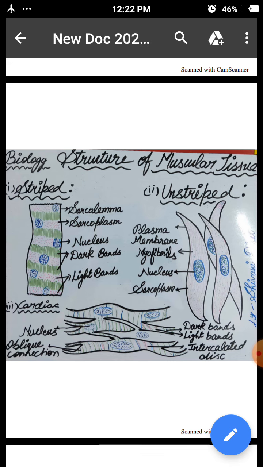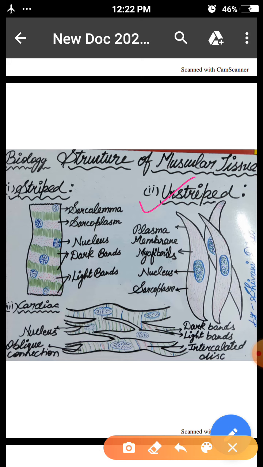Right? If we talk about the second type of muscle fiber, that is unstriped, or we can say non-striated or smooth or visceral muscle fiber. These are also known as involuntary tissues because they are involuntary in their activities.